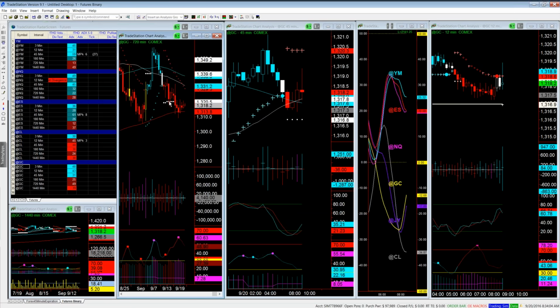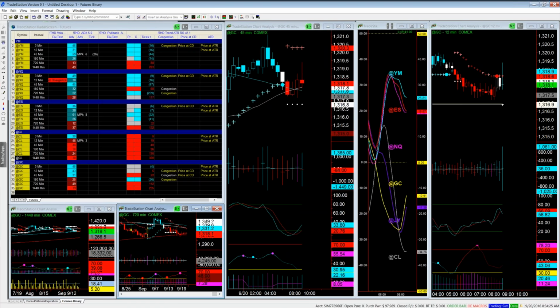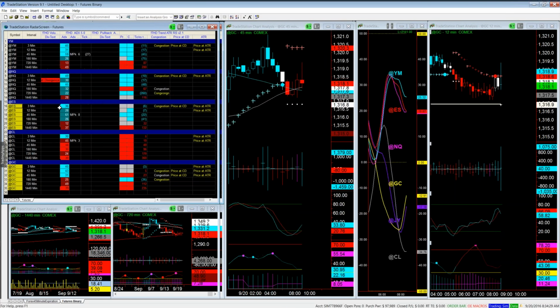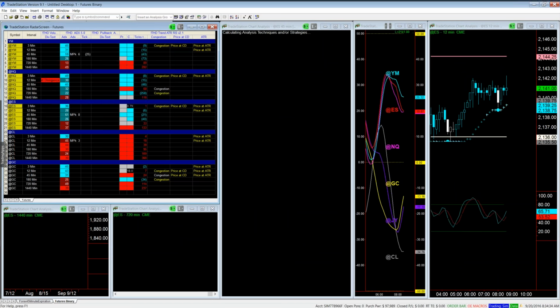But otherwise, if you're changing the contracts over here on radar screen, it's a lot of changes to be made every time they roll over. Crude and gold roll more than the indices. So I just leave it on the continuous contract, and I have all of my windows linked. So when I click on something like the ES, then of course it changes on all of my windows.